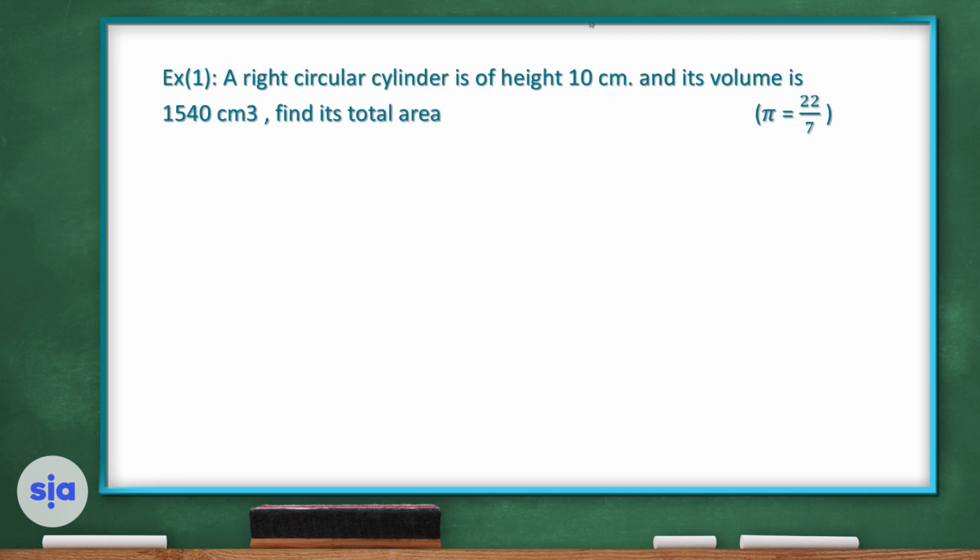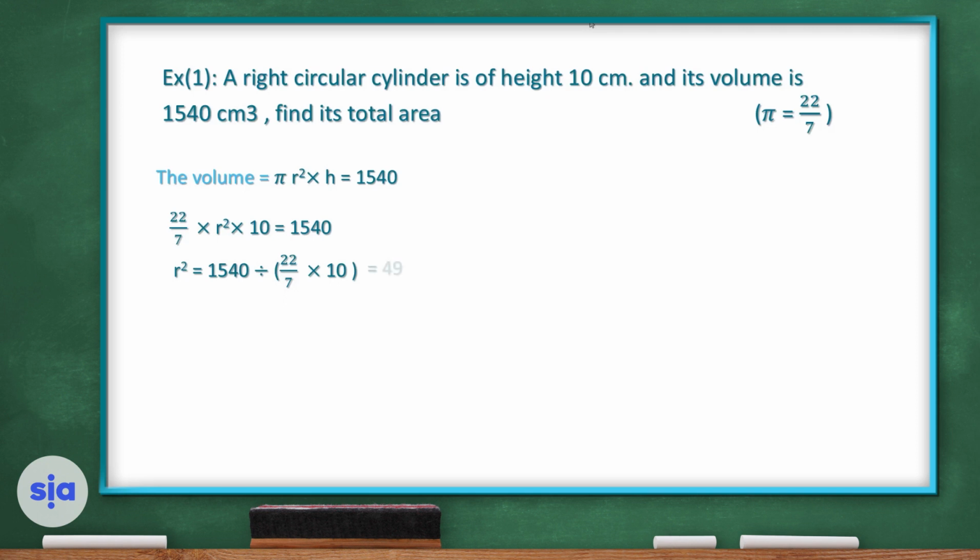If the volume is 1,540, then pi r squared times h is 1,540, where pi is 22/7 and the height is given 10 centimeters. So r squared is 1,540 divided by 22/7 times 10, then r squared equals 49.